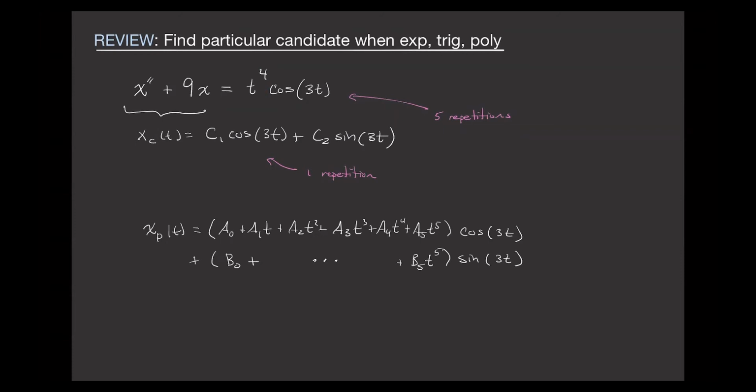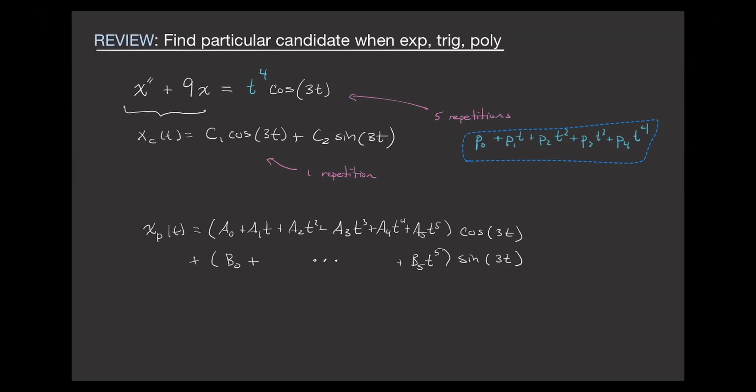You would have, let's say, P0 plus P1 t plus P2 t squared plus P3 t cubed plus P4 t to the 4th. So this t to the 4th in general is something more like this polynomial. This is a general 4th degree polynomial.